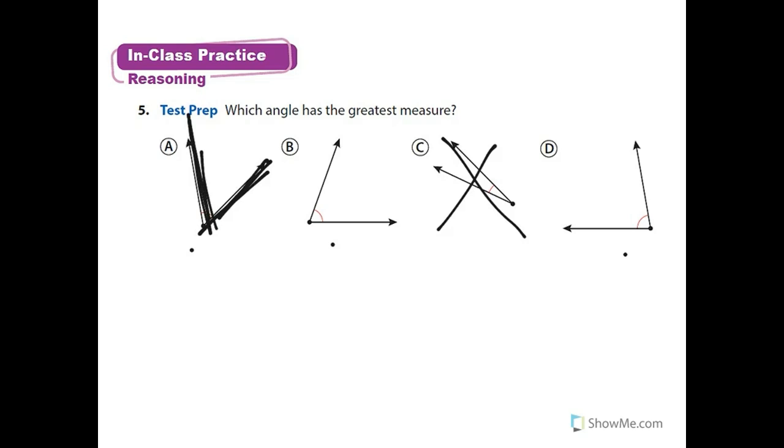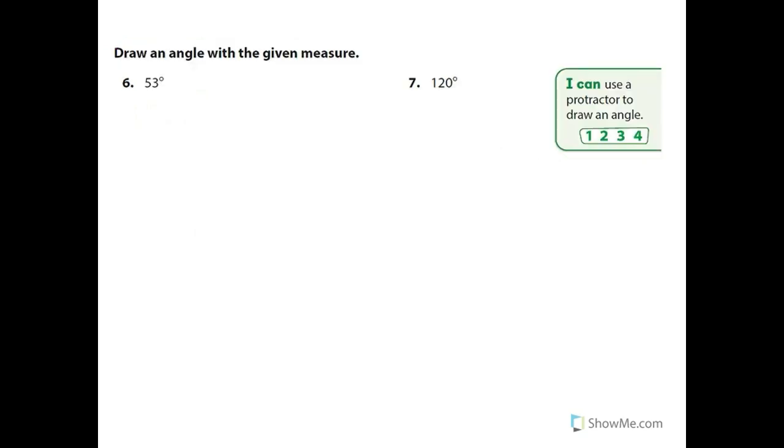Letter D you should have chosen. Number 6 and 7 want you to draw an angle with the given measure. Go ahead and draw number 6, and then I'll show you what it should look like.